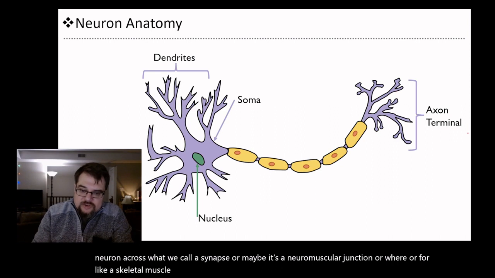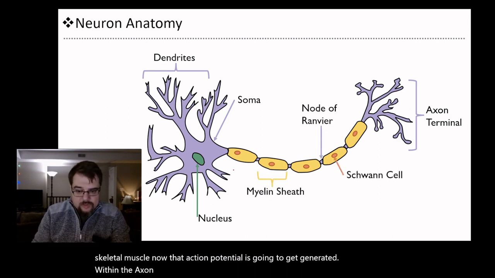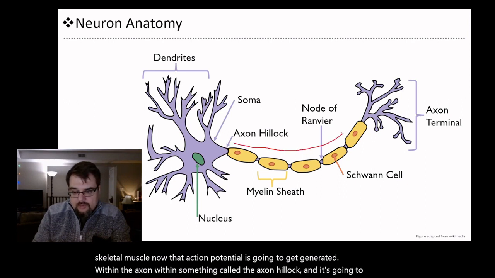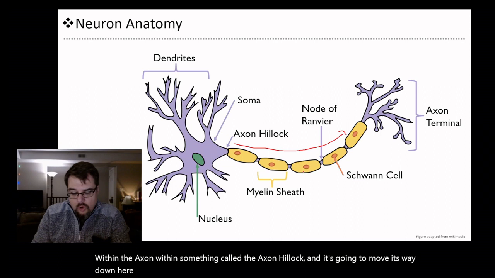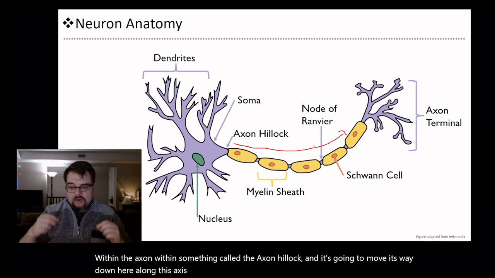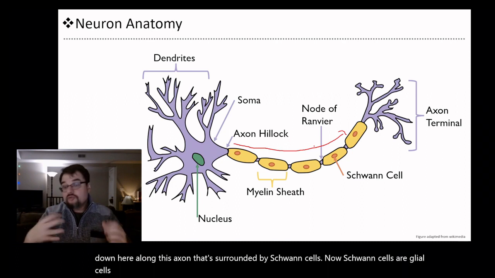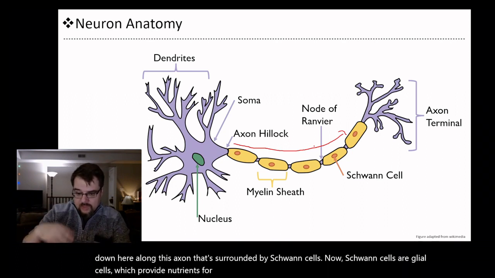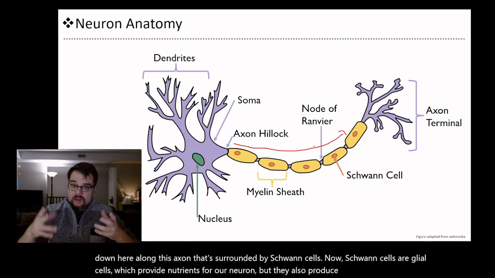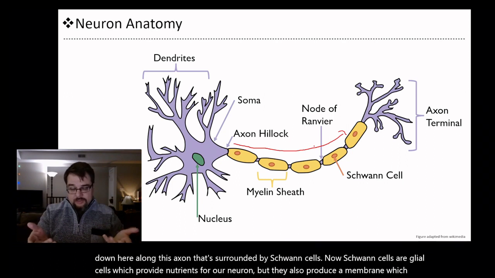Now, that action potential is going to get generated within the axon, within something called the axon hillock. And it's going to move its way down along this axon that's surrounded by Schwann cells. Schwann cells are glial cells which provide nutrients for our neuron, but they also produce a membrane called a myelin sheath.